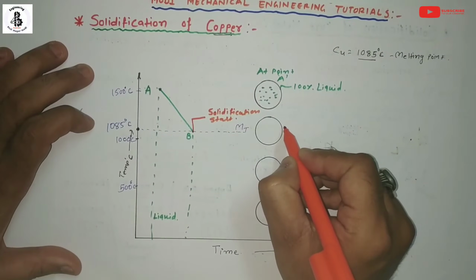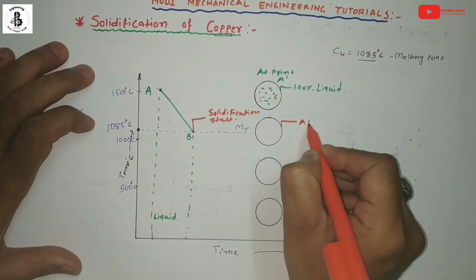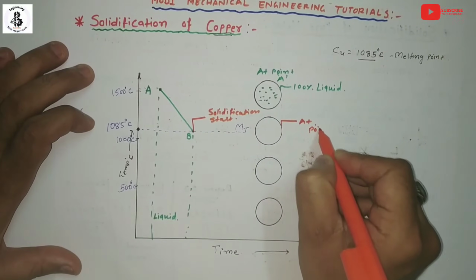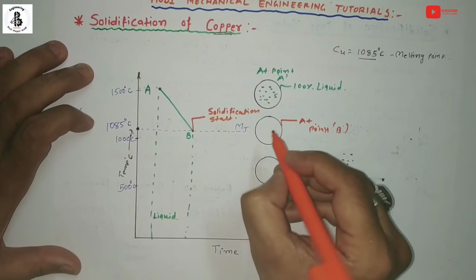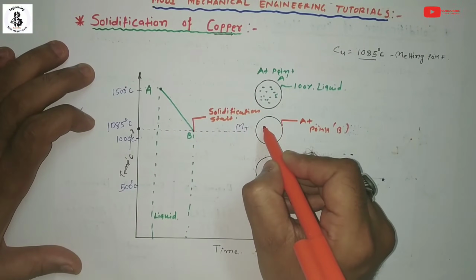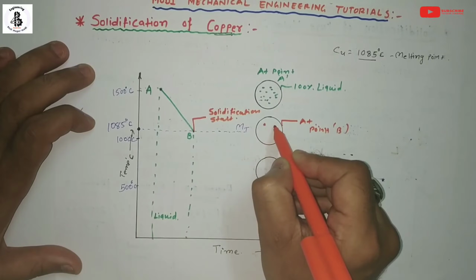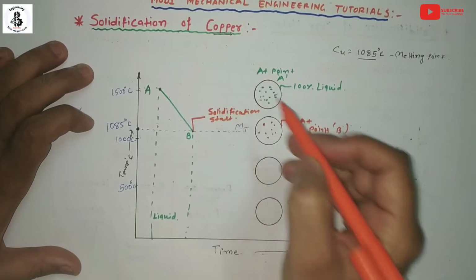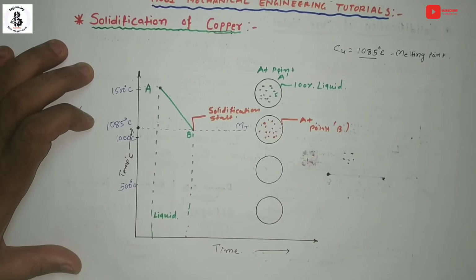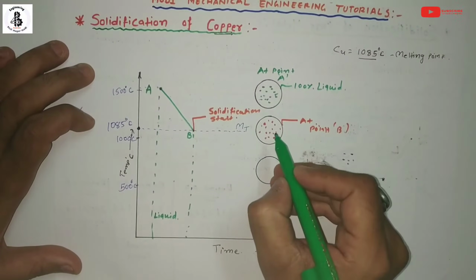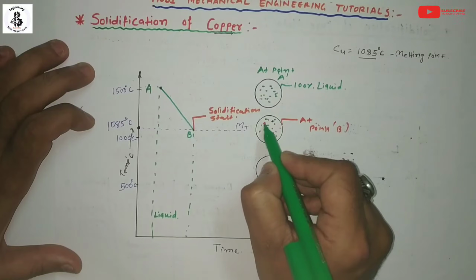At point B the solidification begins, with the formation of tiny particles of the same metal, which looks like copper. Copper continues the solidification process and the rest remains liquid.